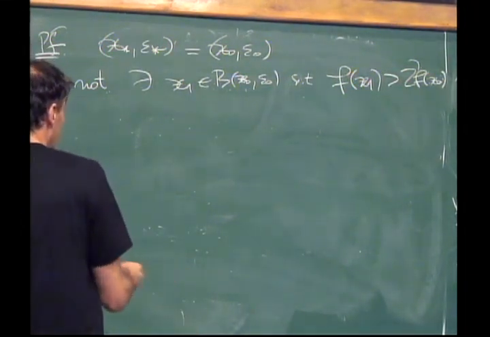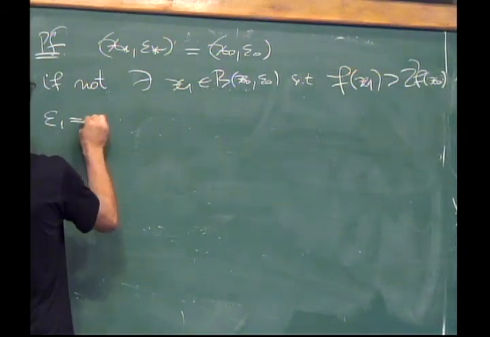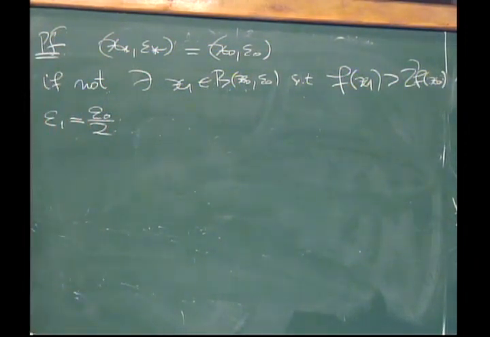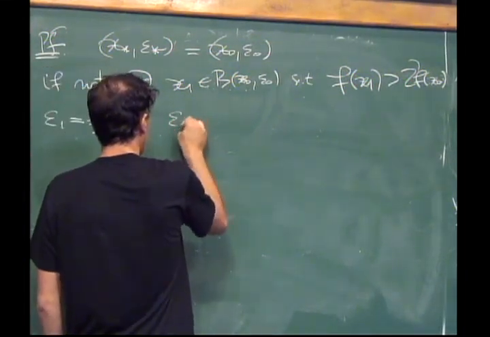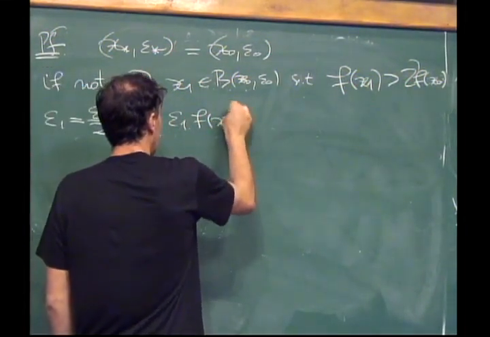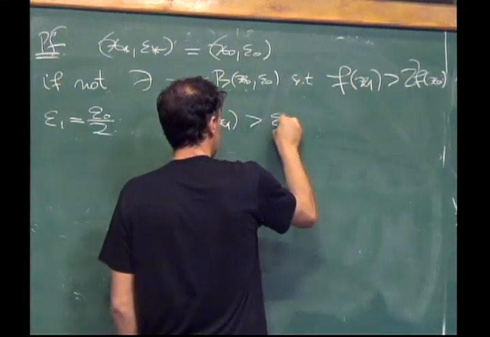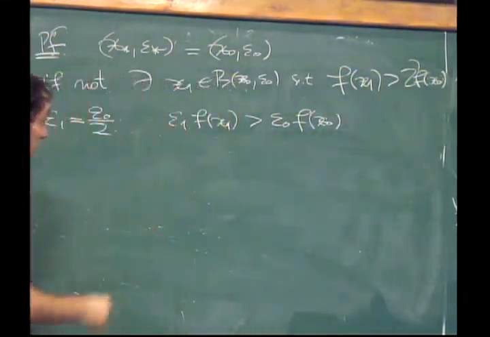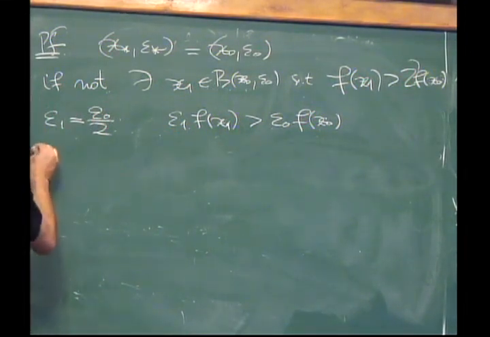So then you put epsilon 1 equal to epsilon 0 over 2, and what you find out is that epsilon 1 f of x1 is greater than epsilon 0 f of x0, because of this relation. And then you try this one.